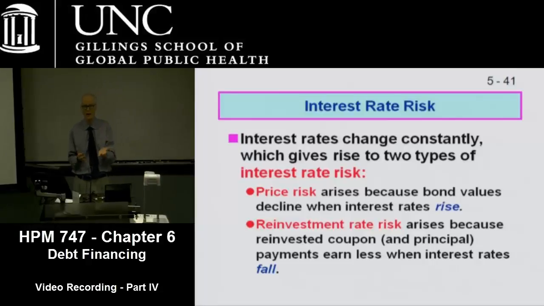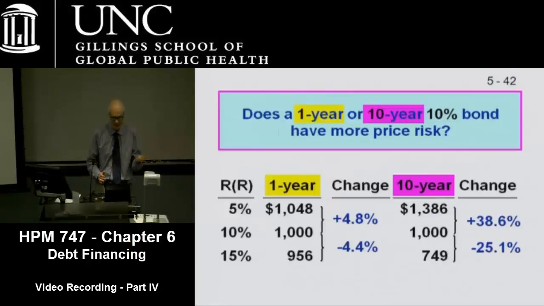So if you buy a bond and interest rates go up, the value of your bond will go down. That's called price risk. Reinvestment risk exists because when you buy a bond for 5 years and you have a 10-year investment horizon, at the end of the 5 years, you will have to reinvest that money, and perhaps at a lower rate. So that is reinvestment rate risk. So there's price risk and there's reinvestment risk.